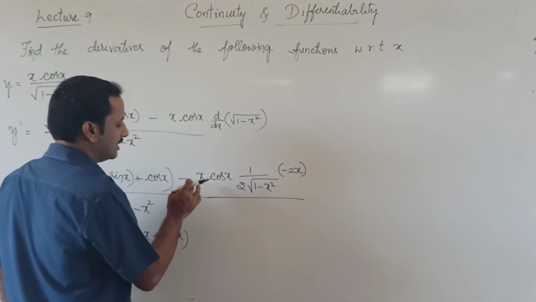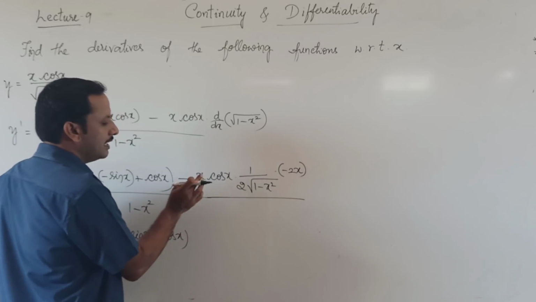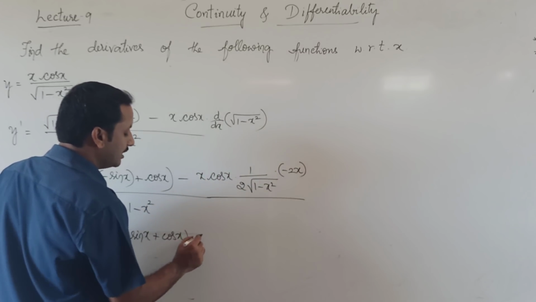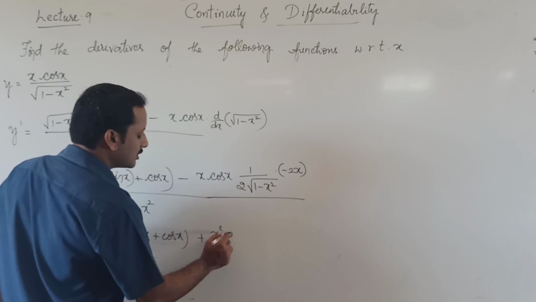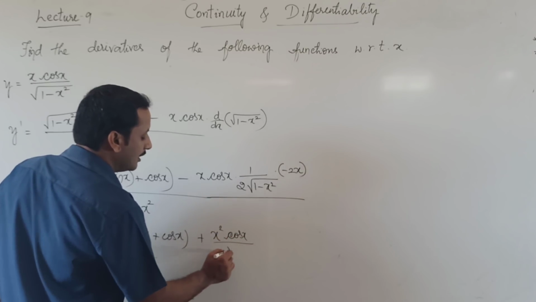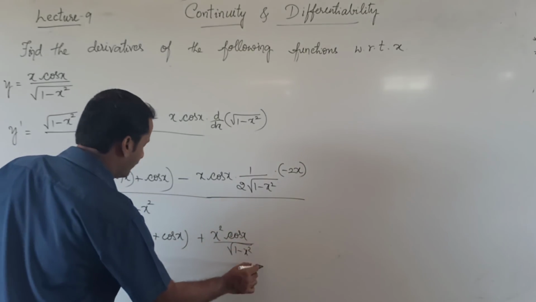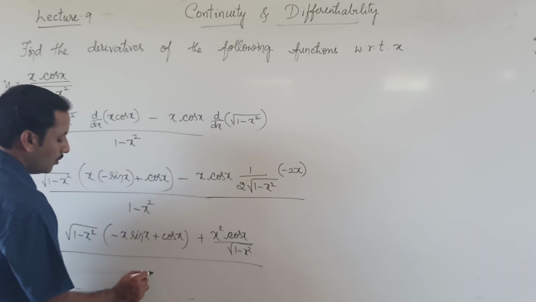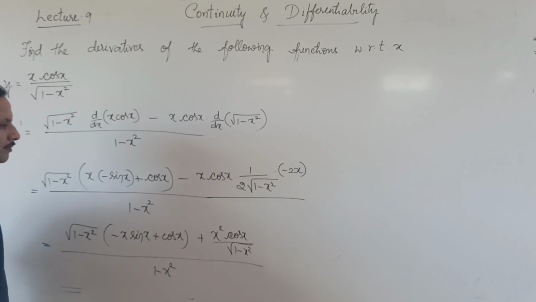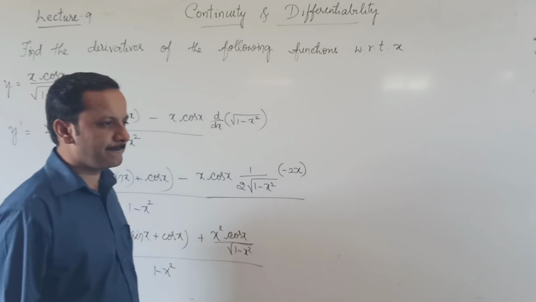Here 2 gets cancelled, minus into minus become plus. Here already 1 x is there, along with that x, it will become plus x square cos x divided by root of 1 minus x square, whole divided by 1 minus x square.